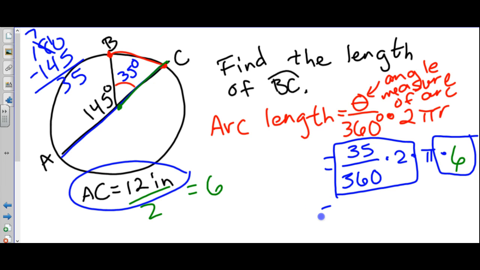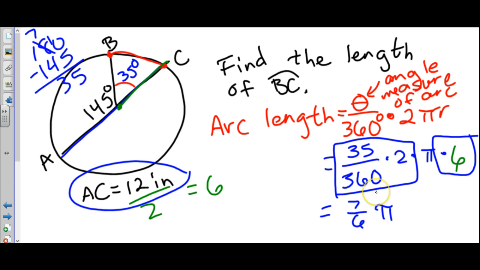All put together, that would give us 7 over 6. So in the case of one like this, they're probably not going to ask you to leave it when it's a fraction. It would probably come out as like 5 pi or 18 pi, a nicer number.